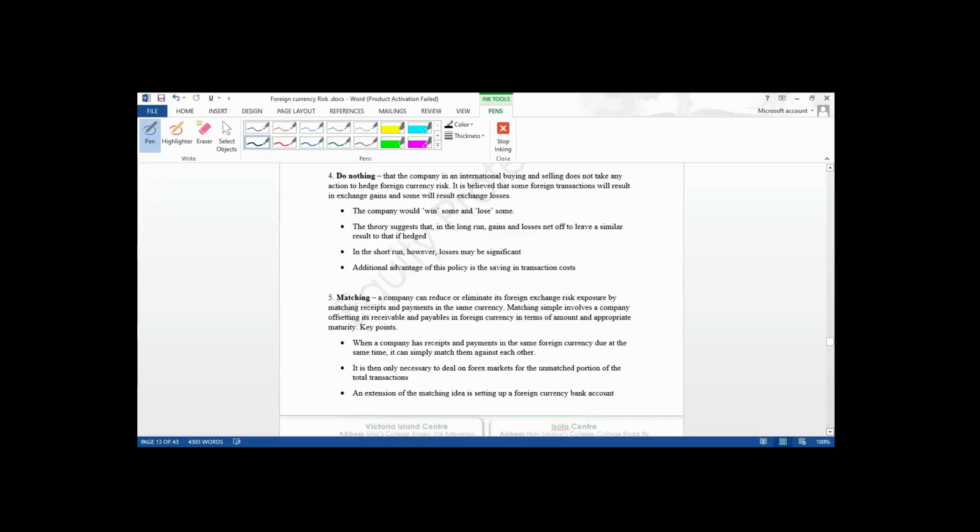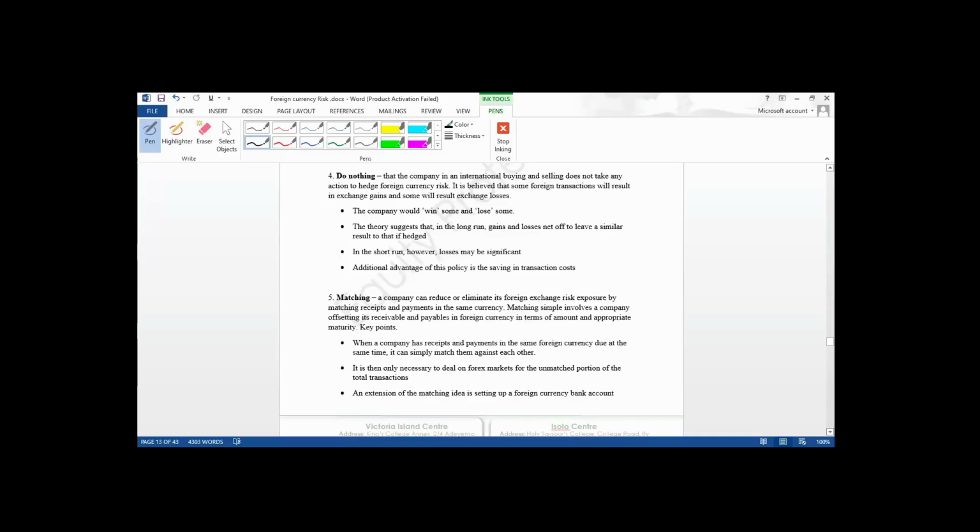The key point to note under matching: when a company has receipts and payments in the same foreign currency due at the same time, it can simply match them against each other.